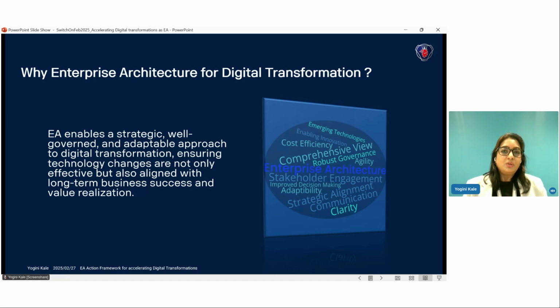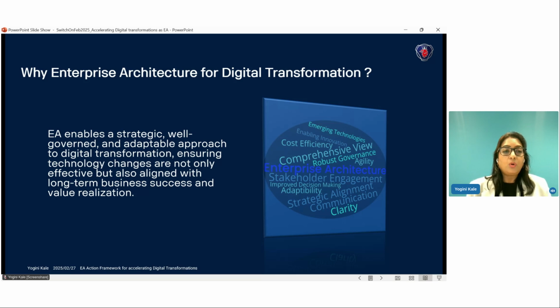Great. So, as we know, digital transformation is a critical aspect of long-term success for all organizations today. It's not just something that we need for survival, but it is something that puts you on the long-term success roadmap within your industry or within your domain.